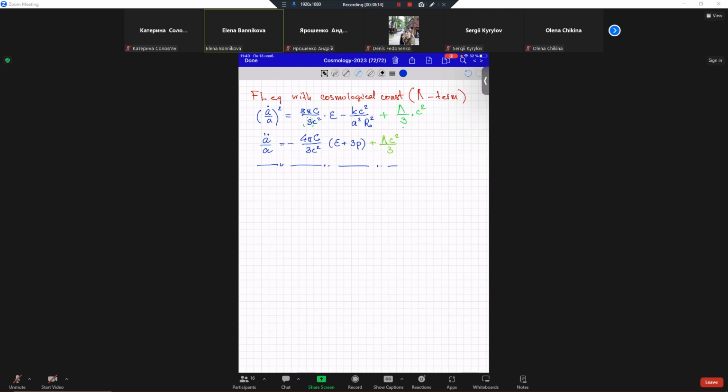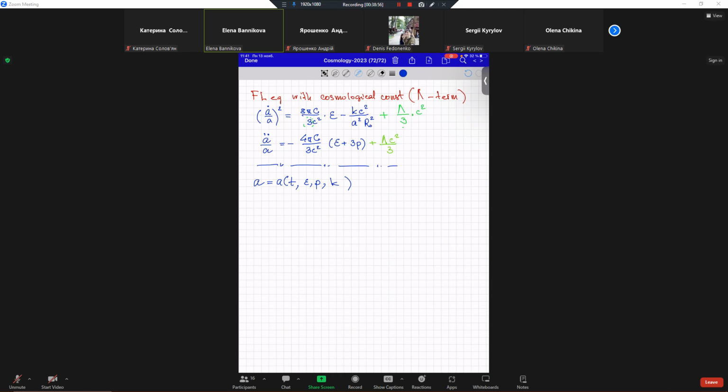Yes, we would like to have something more. When we look at this equation, we can see that our goal is to obtain the law for the scale factor, which is a function of time. But we also have energy density, pressure, and the sign of the space curvature. So the two equations are not enough to solve this problem. We need something else.